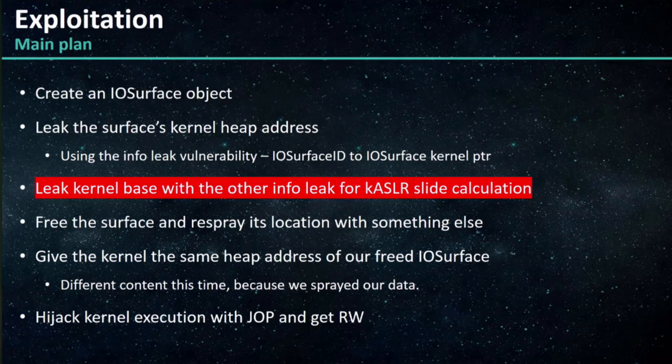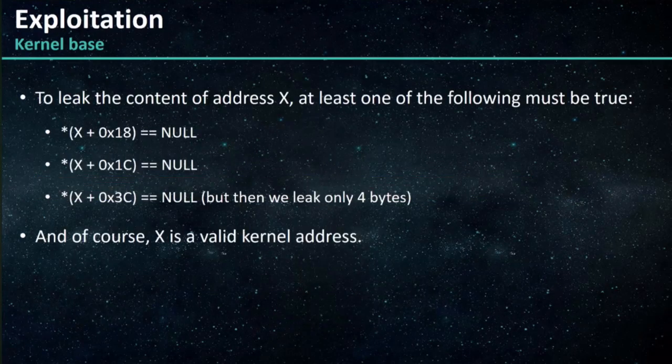This time we can put a different vtable pointer, for example, which will lead to execution of the kernel somewhere else we want. And ultimately, our goal is to get kernel read/write, give ourselves root, and enjoy our lives.